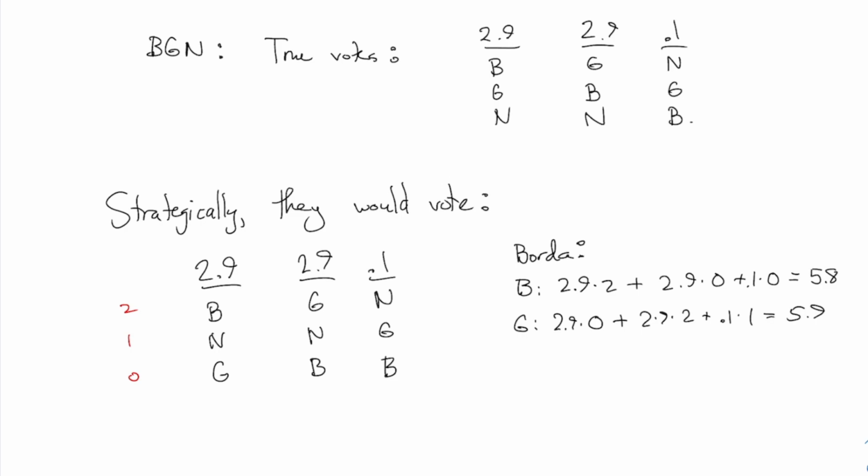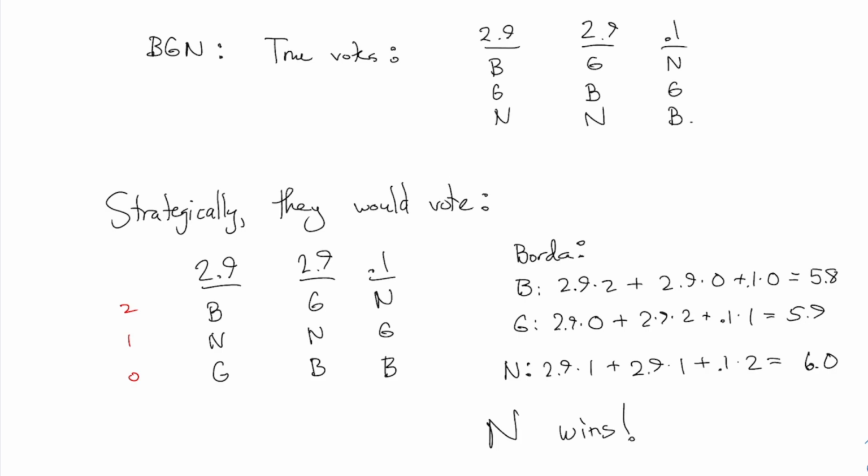And then, just as usual, we better add up for Nader's also. Nader gets 2.9 times 1. So Gore is ahead, right? Nader gets 2.9 times 1 plus, in the next column, another 2.9 times 1 plus, in the last column, 0.1 times 2. Anybody doing the math here? What does this add up to? 6.0. Nader wins.